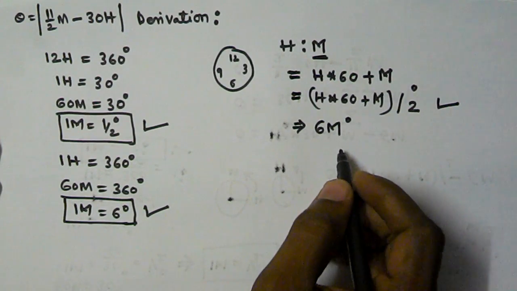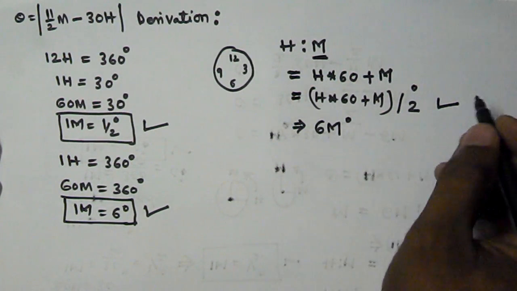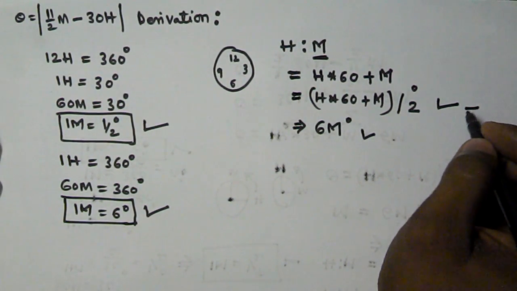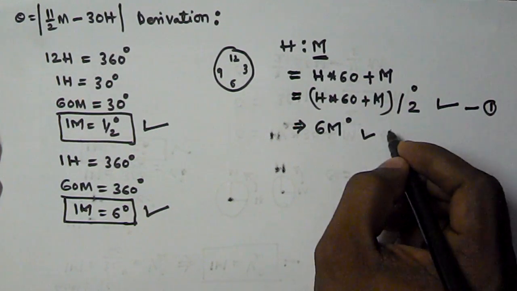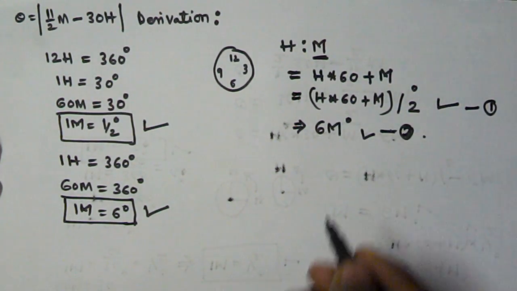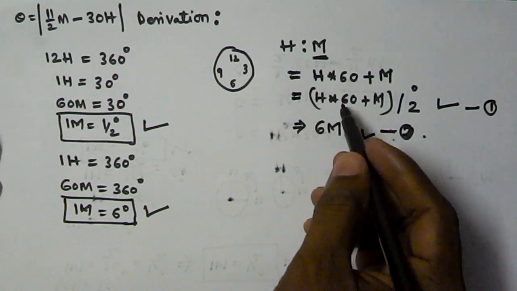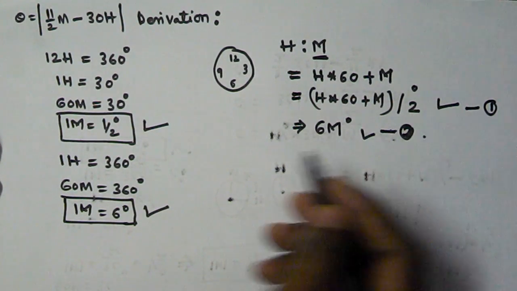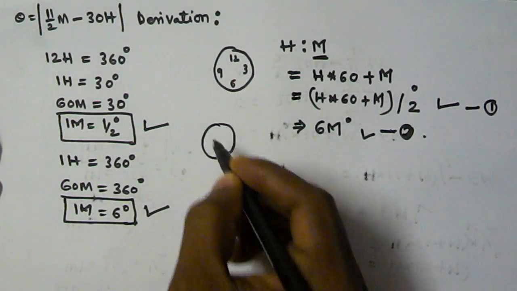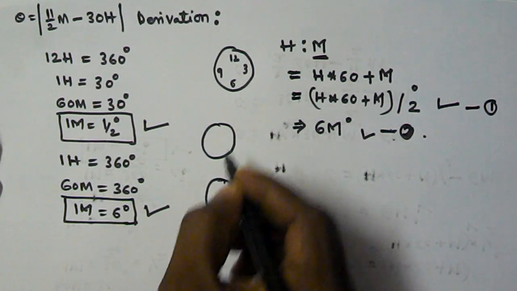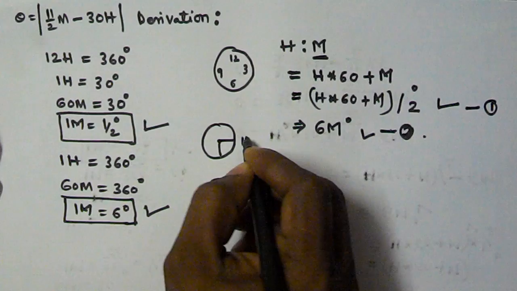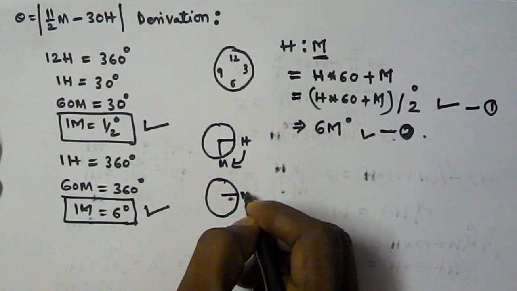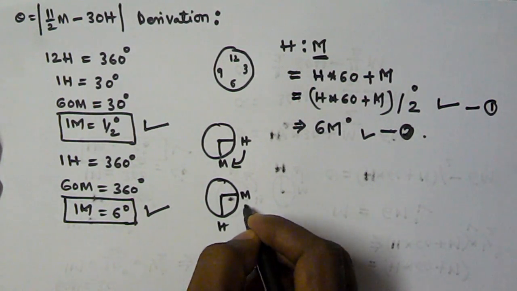Now how do we find the angle difference between these two? We have to subtract one from the other. This is our first and this is our second. When subtracting, you can do 1 minus 2 or 2 minus 1, because if you see a clock, there are two possibilities: the hour hand may be following the minute hand, or the minute hand may be following the hour hand.